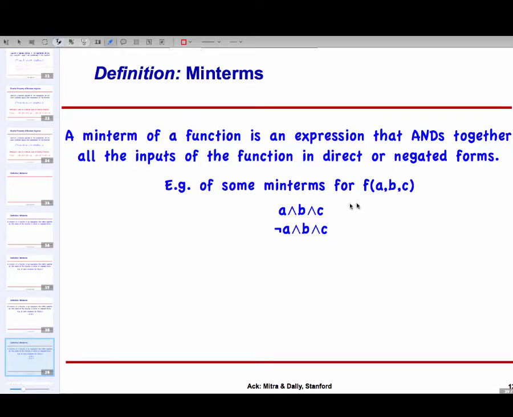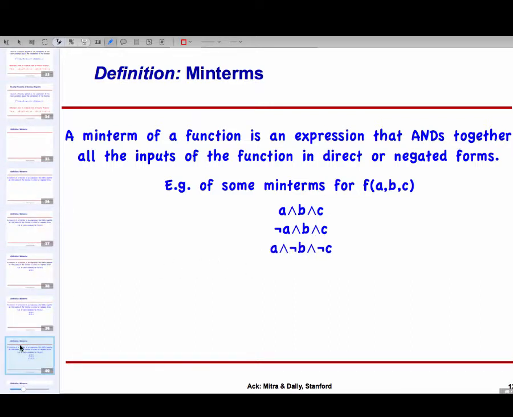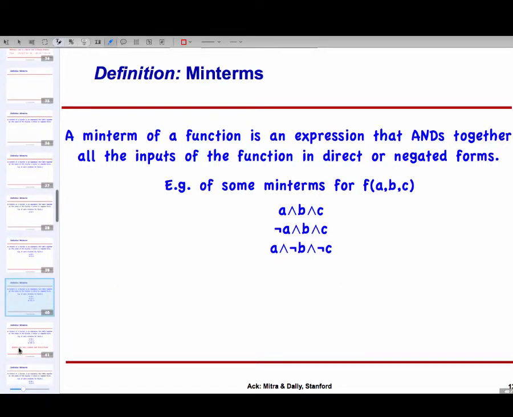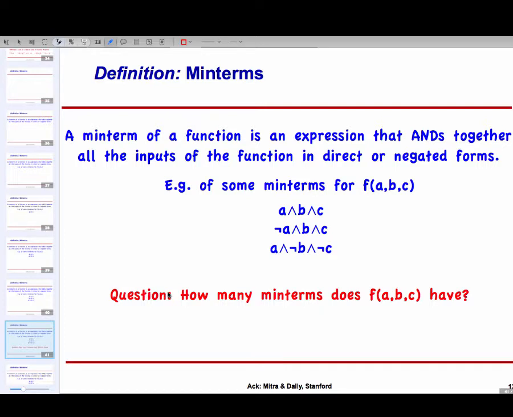So all the three variable inputs a, b, and c are appearing. In the first case, a, b, and c are all non-negated. In the second case, a is negated, b and c are not complemented. I have other examples, a and not b and not c, and so on and so forth. Okay, so how many min terms will f of a, b, c have?